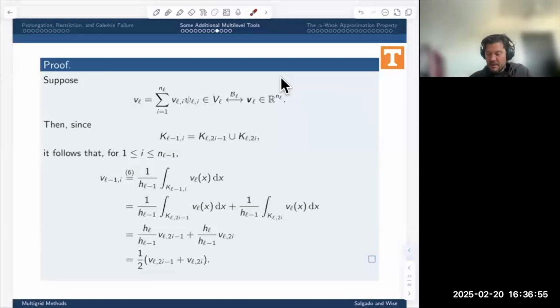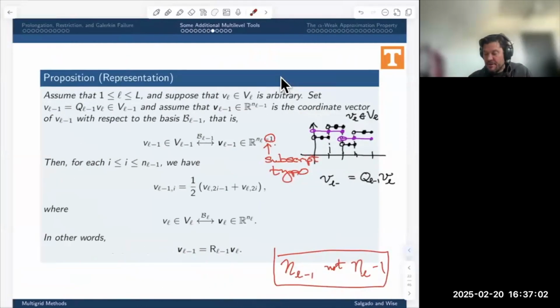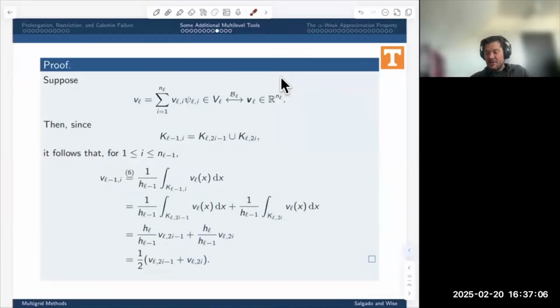So let's just work out the details. It's really just an exercise in notation, although the picture here tells us exactly what's going on. To prove this algebraically, we just have an exercise in notation. Suppose that VL is our arbitrary vector in VL. That's the thing we want to push down to the coarse grid.